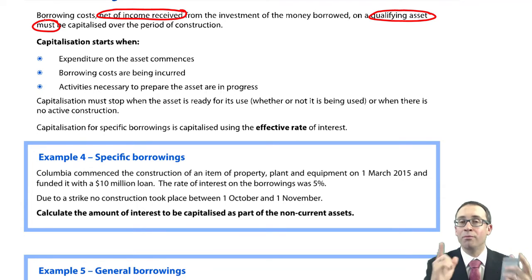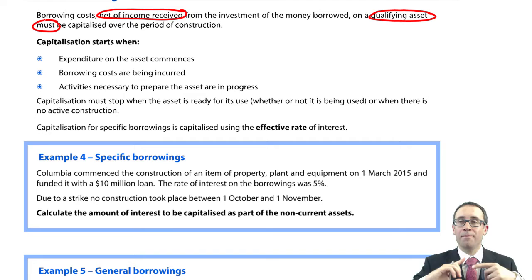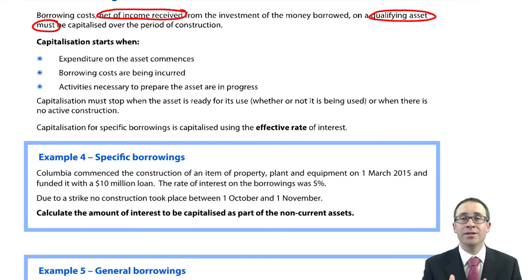And that could have impacts on profitability, couldn't it? If it impacts profitability, then that will ultimately impact earnings per share and can ultimately impact your price earnings ratio. So to ensure comparability, going back to the framework, you now have to capitalize the interest when you meet the criteria.